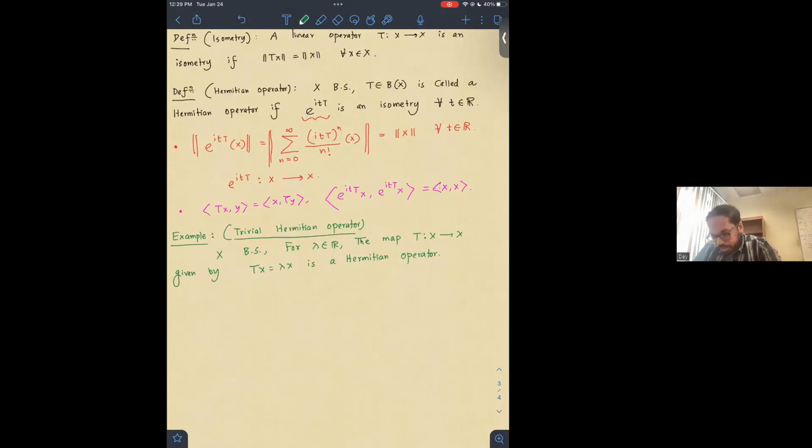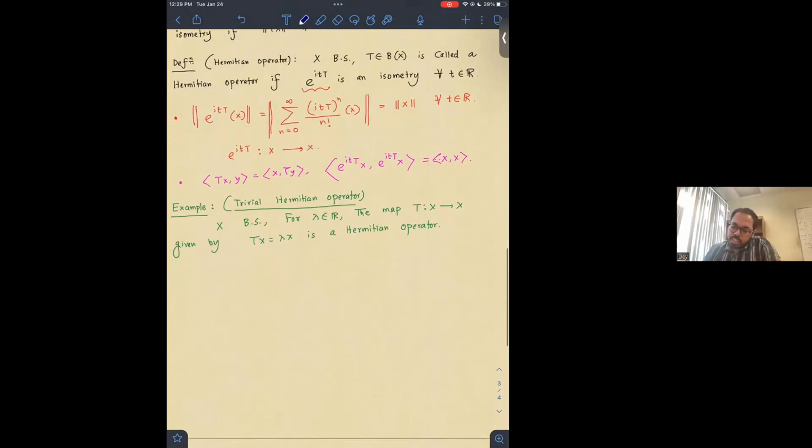And so the question is, given any Banach space X, you'll always have a trivial Hermitian operator. So in every Banach space, there is at least the trivial ones that you can find. But the question, which is more interesting, at least to me, is the following. There are some spaces where the Hermitian operators are only trivial.